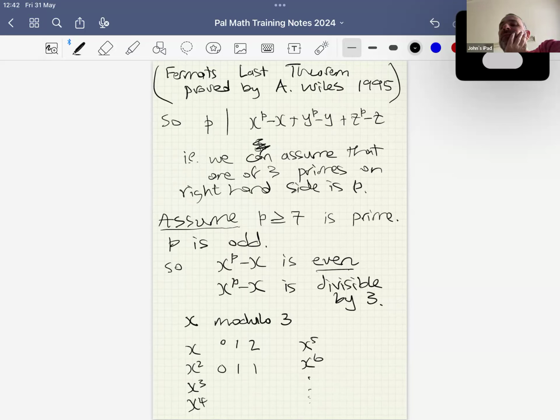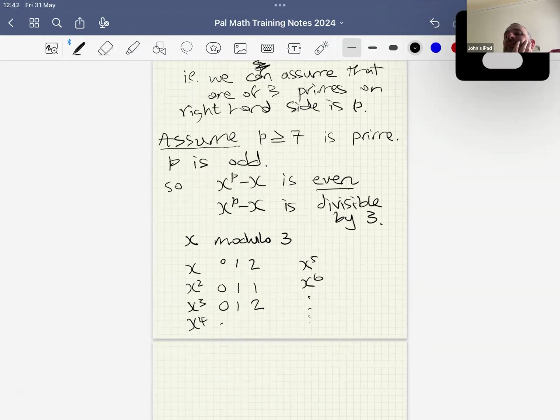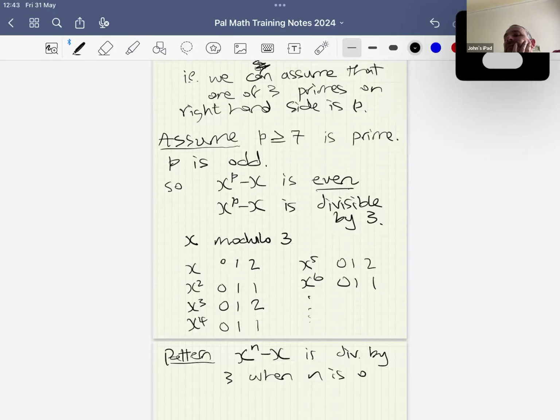X cubed mod 3 will, of course, be 0, 1, 2. And x to the 4 mod 3 will be 0, 1, 1. And then x to the 5, 0, 1, 2. X to the 6, 0, 1, 1. So the pattern is that x to the n minus x is divisible by 3 when n is odd, e.g. n equals p is an odd prime.